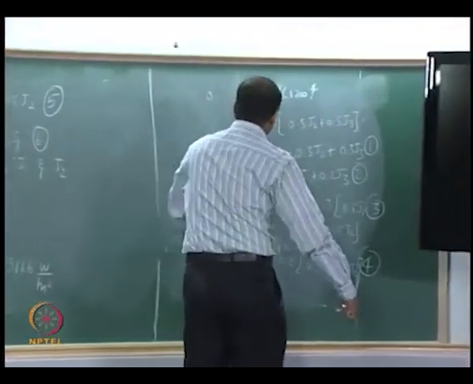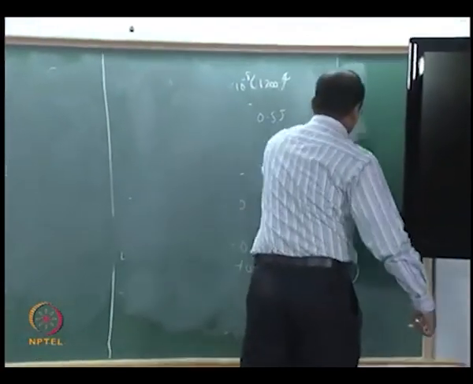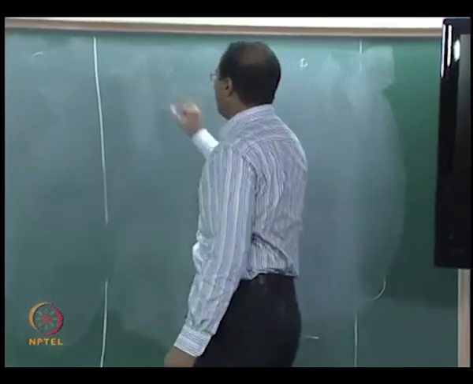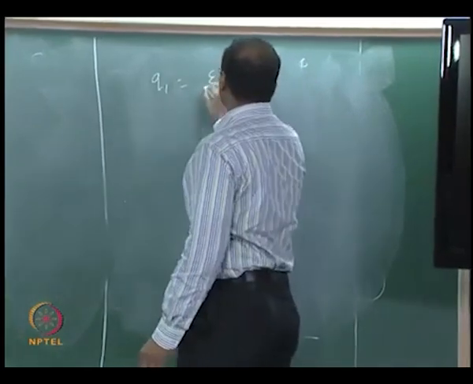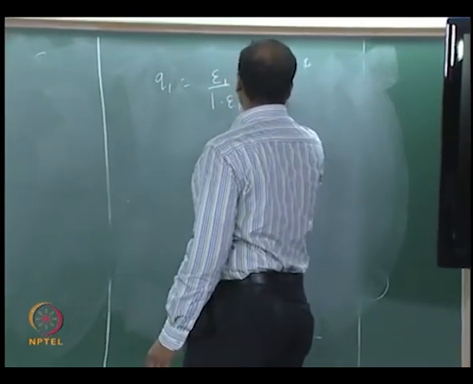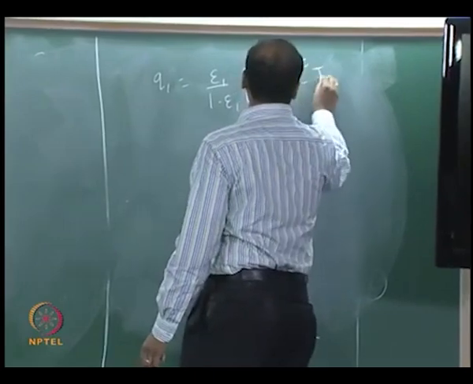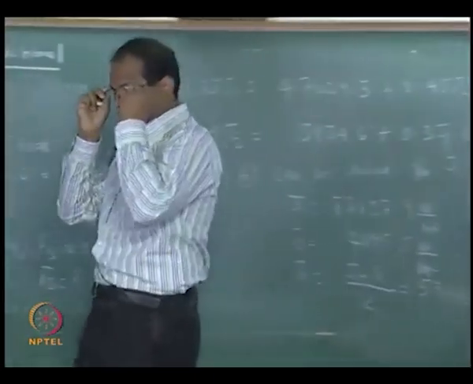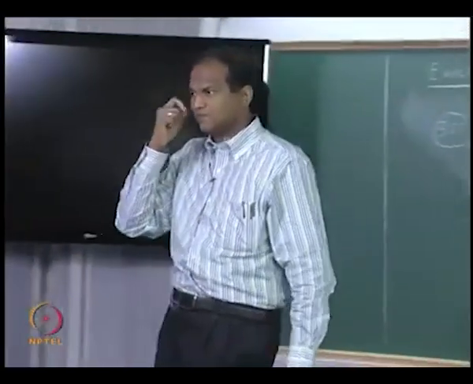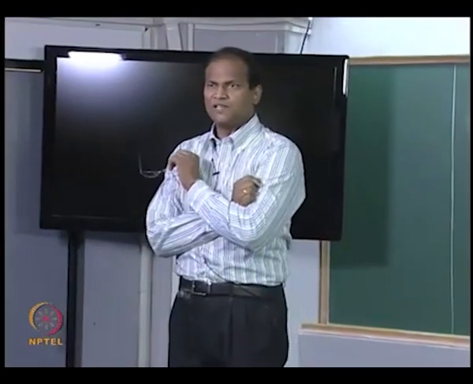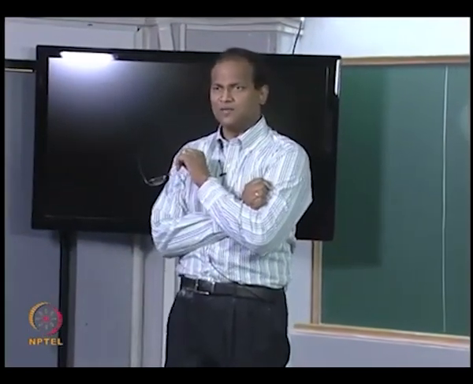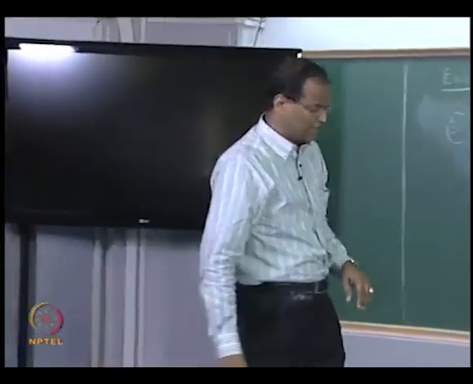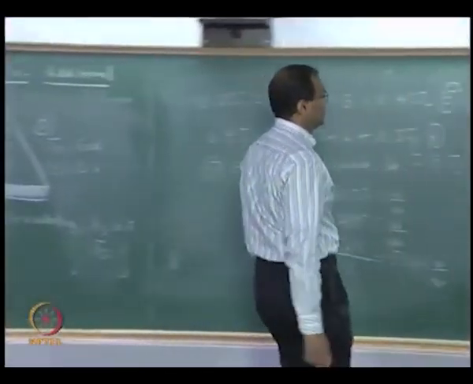Now Q1 is equal to... this is correct. We got the expression for Q in terms of G1 as well as J1. Now you can write the expression for Q1. So what do you get?